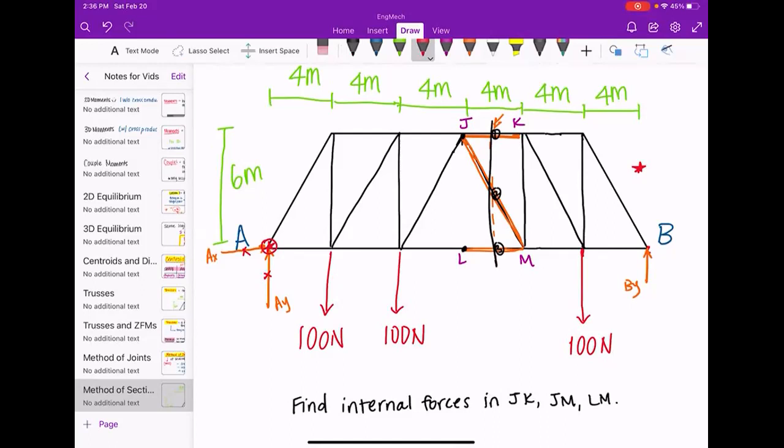So BY I can find using only the external forces. So at this point, you don't care what the internal forces are. You would just use this, this, this, and that. And then you would use these perpendicular distances up here. And then you find BY in one step.